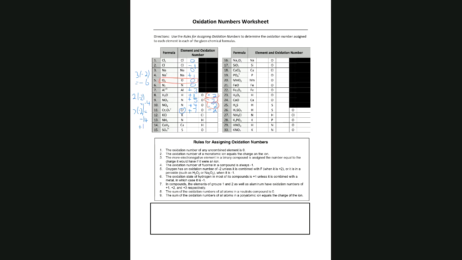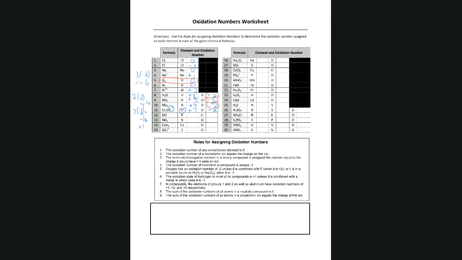And that would be what we'd want to see happen if this was a neutral compound. But this has 2 negative charges. So we need to end up at a -2, right? So instead, we really want to have +12, not +14.